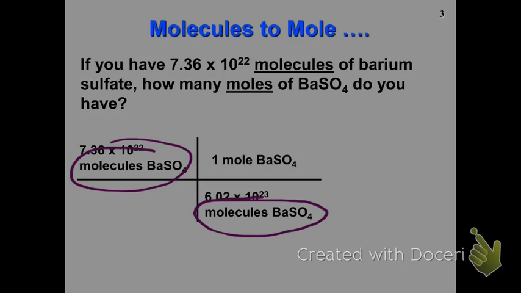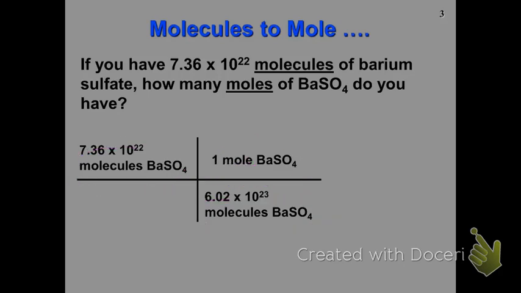And so it turns out that 1 mole of BaSO4 equals 6.02 times 10 to the 23rd molecules of BaSO4. Okay? So again, I'm simply dividing the number that I was given by Avogadro's number in this case.